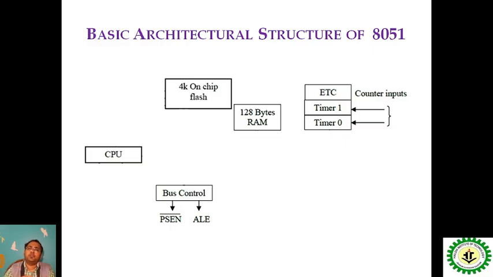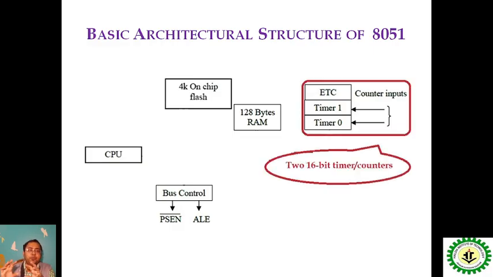After this bus control, the 8051 microcontroller has timer or counter sections. Using these timer and counter sections, the 8051 microcontroller can generate internal time delays, and we can also use these sections for counting operations.